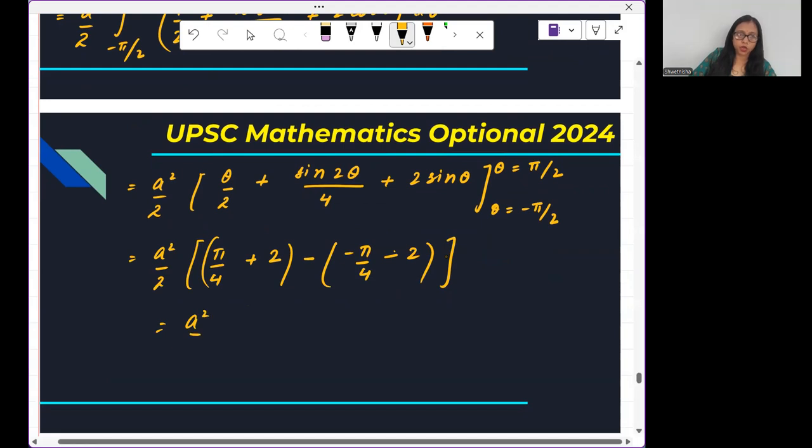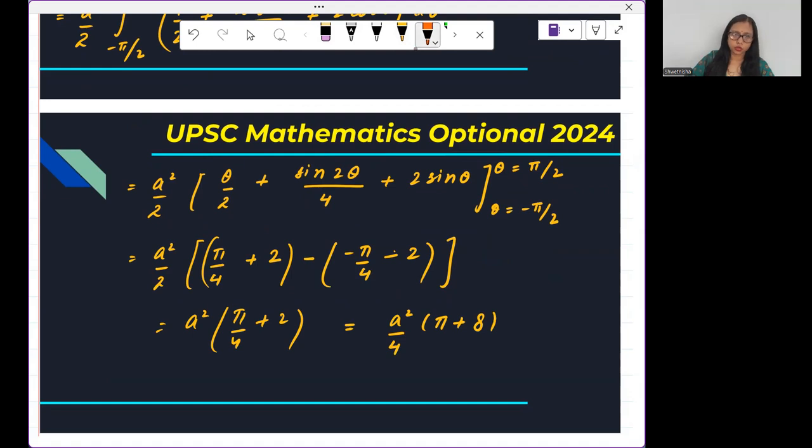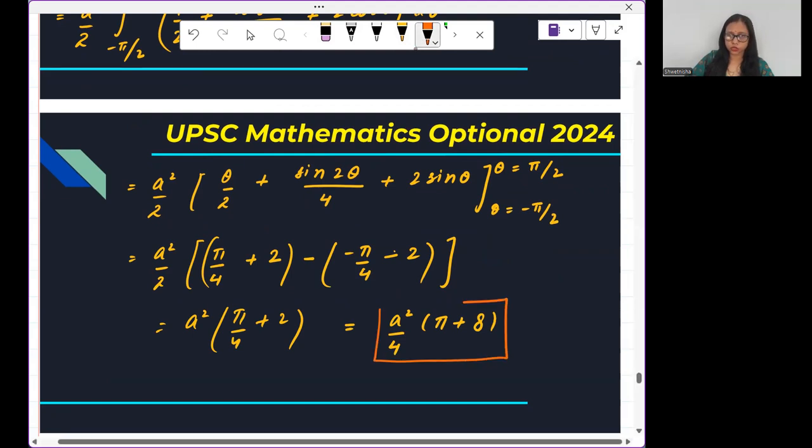The 2 will get cancelled, and it's pi by 4 plus 2. You can write it as a squared by 4 (pi plus 8). That is your answer. Nothing else to discuss in this question.